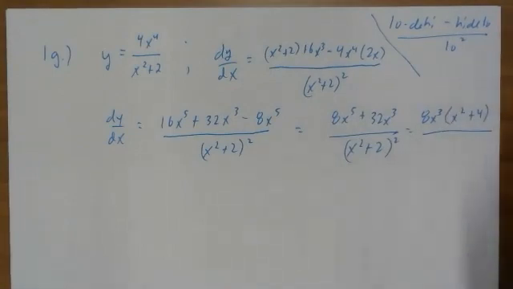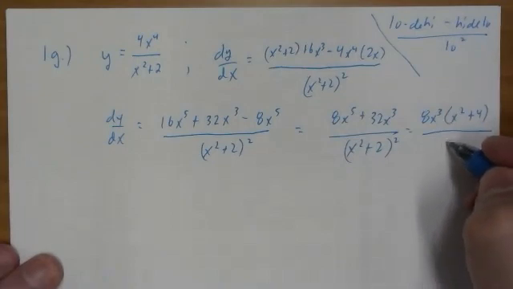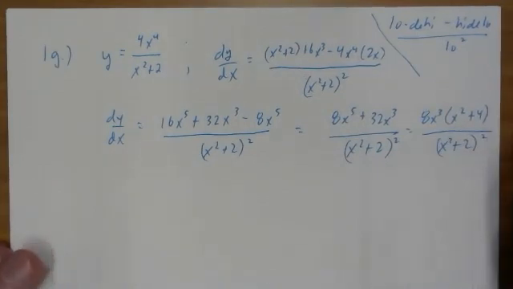So it's 8x cubed times x squared plus 4 over x squared plus 2 quantity squared. So let me check the key. 8x cubed. Yep, that looks correct.